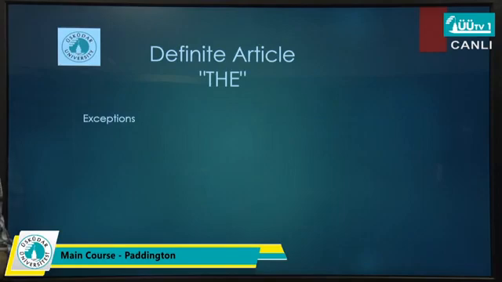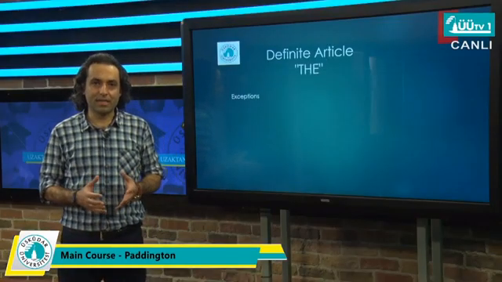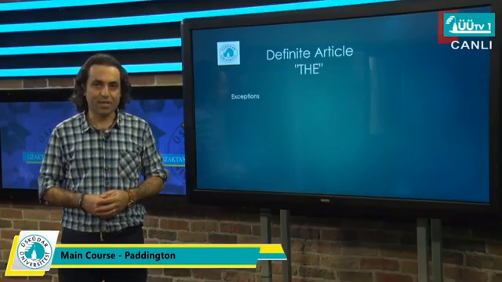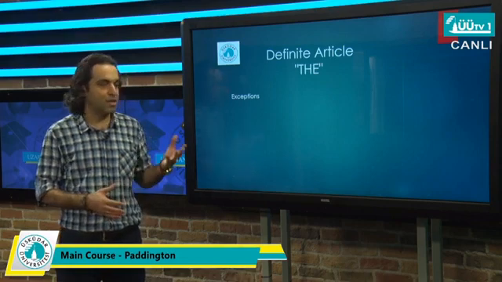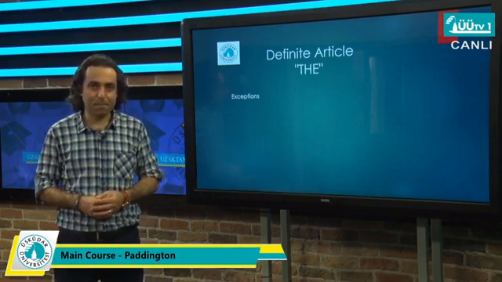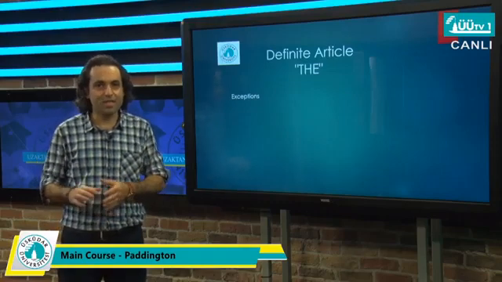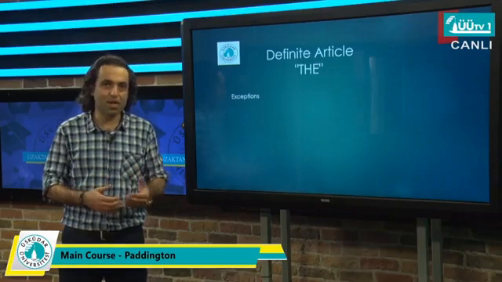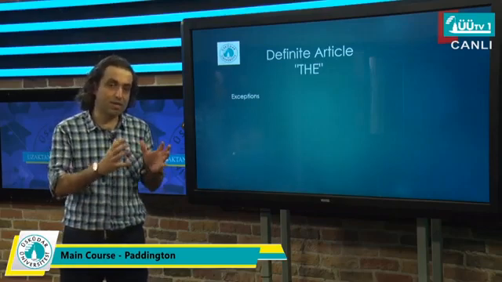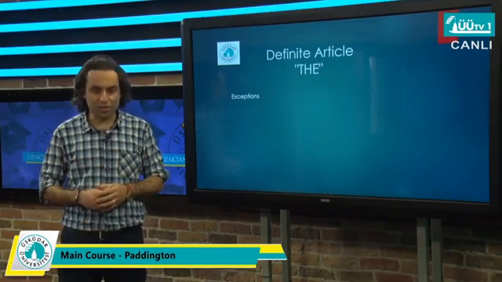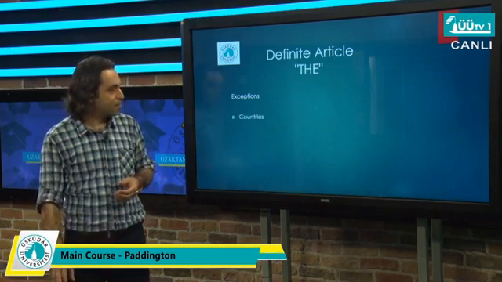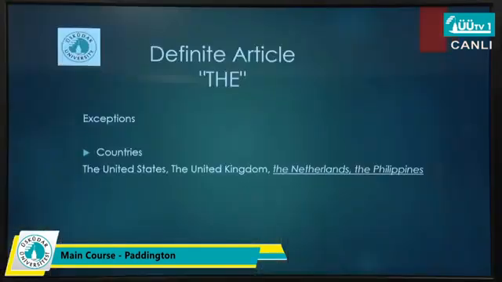But as with a lot of features in English, we have exceptions in using the article the as well. Normally, using the before countries is forbidden, except for some countries that are a collection of states or other small countries, like the United States, the United Kingdom, and even some countries that have plural nouns, like the Netherlands or the Philippines.